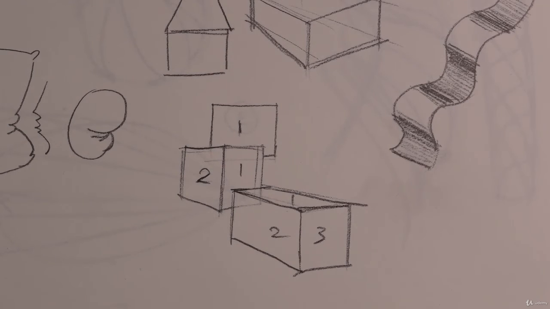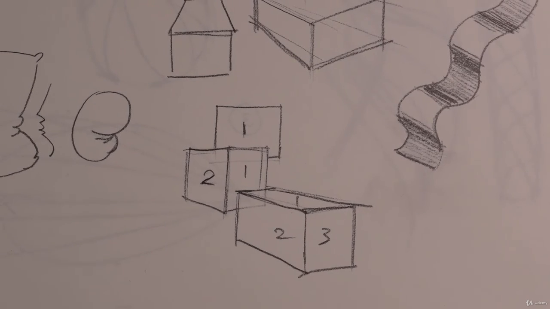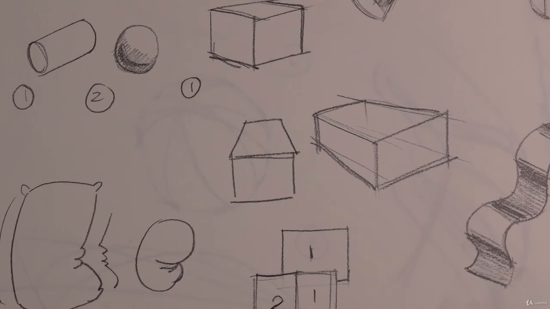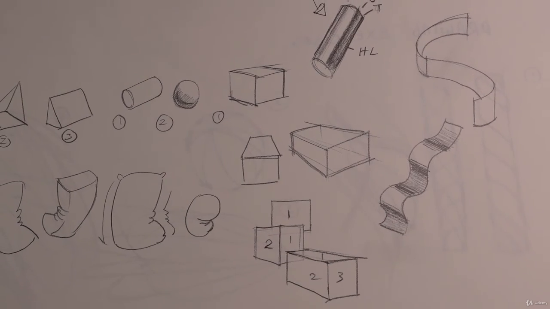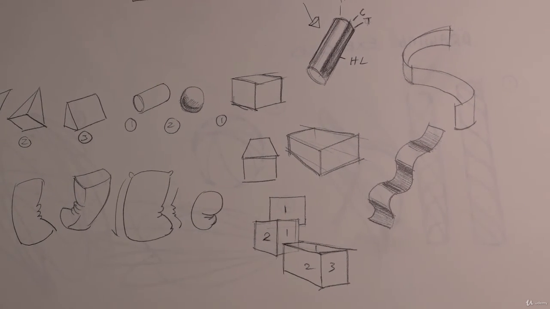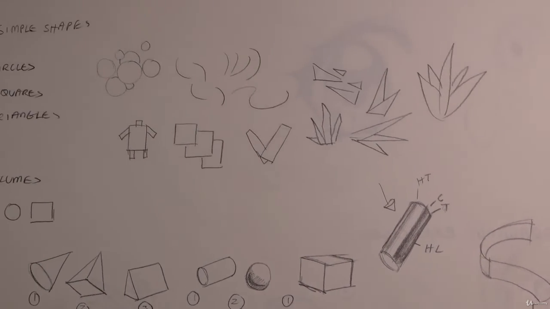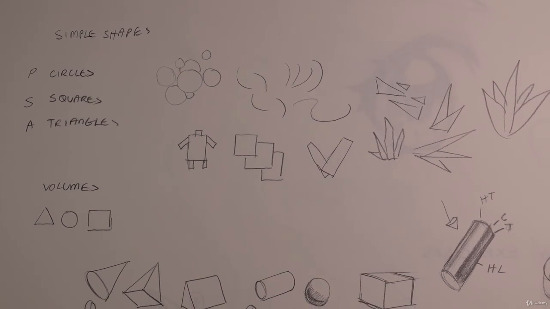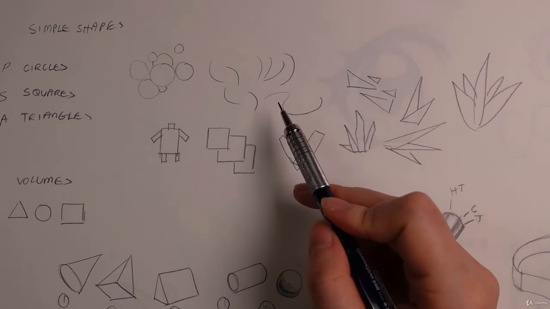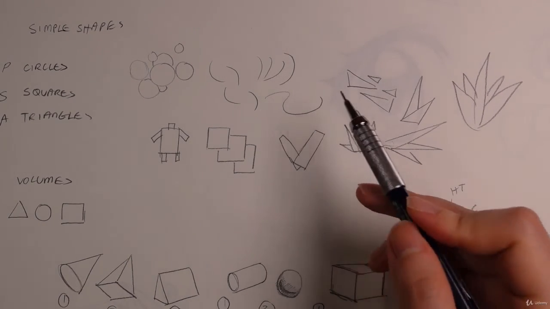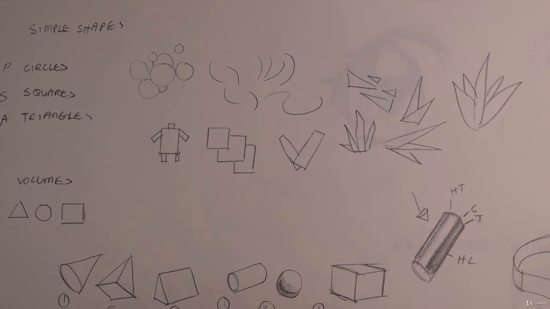So let's see if I have anything else to take note of. I don't think so. I think the next thing we will do is applying these shapes together. So let me zoom out and show you guys what we did. First we did a little overview on simple shapes: circles, squares, and triangles. Circles are more passive forms and can be used for a more voluminous feel to your figures.